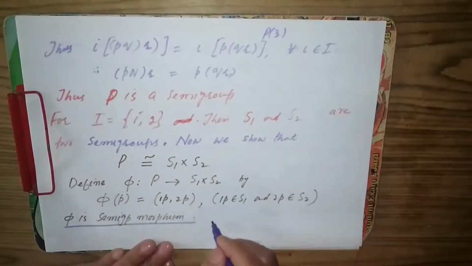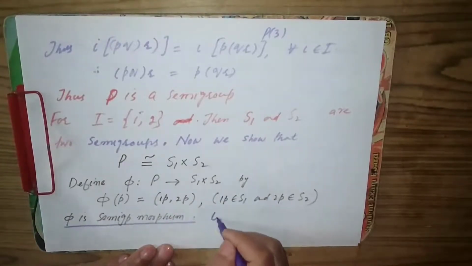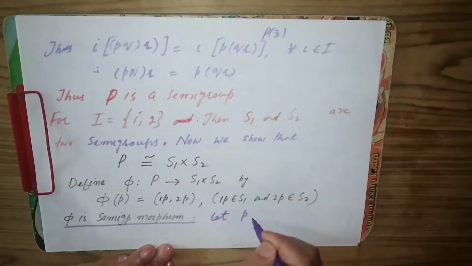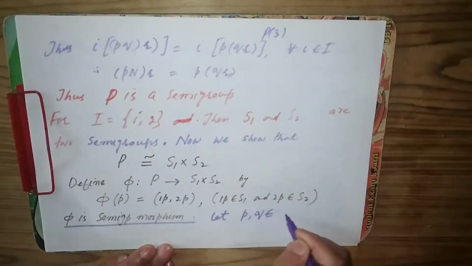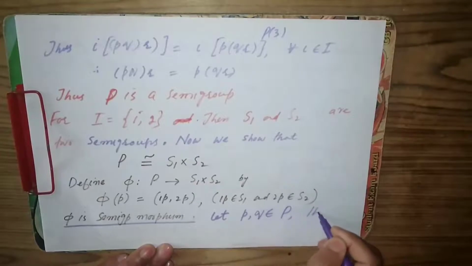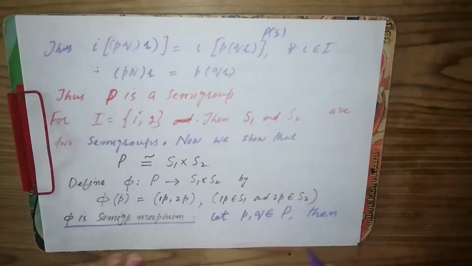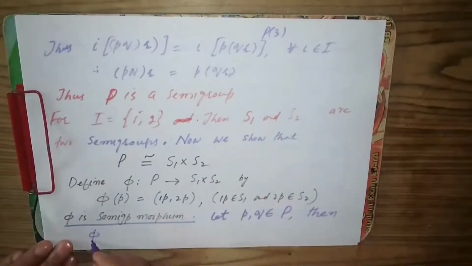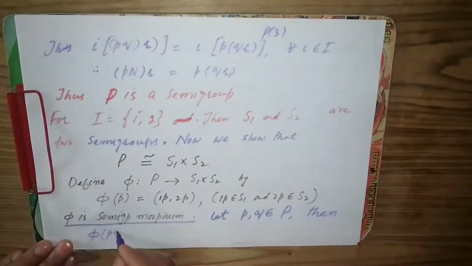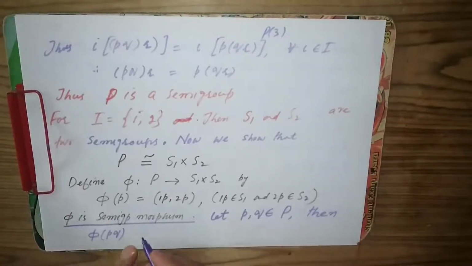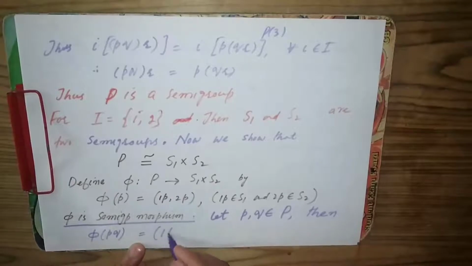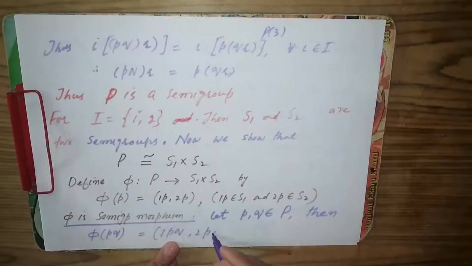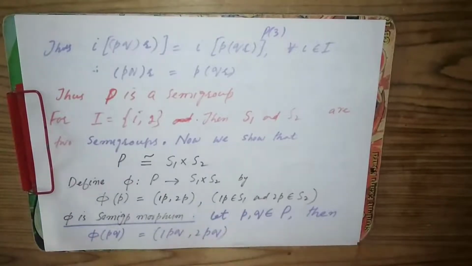So let's take two elements from P. Let p, q belong to P. Then phi of pq, by definition of phi, is equal to (pq)(1), (pq)(2).